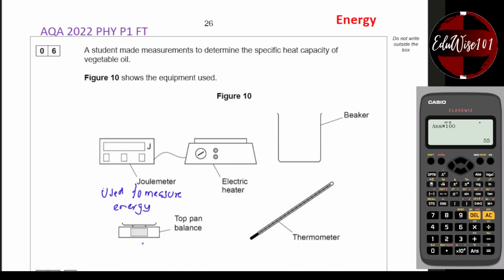A top pan balance used to measure mass. Electric heater to heat the oil. A thermometer to measure temperature. And a beaker to hold the oil.